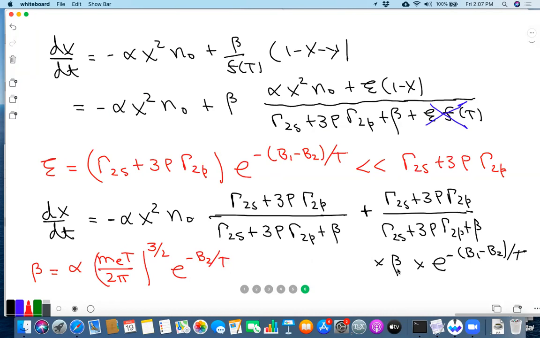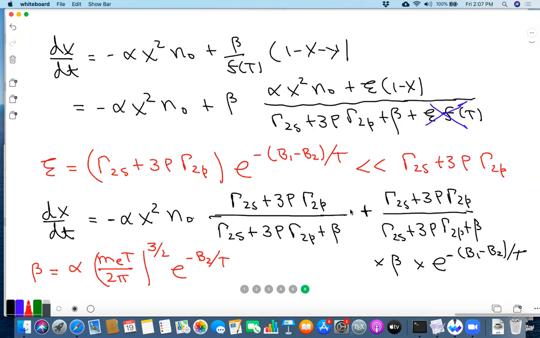So we are going to substitute here. So this e to the minus b2 by t will cancel this e to the plus b2 by t. And we get just e to the minus b1 by t times this (m_e T over 2 pi) to the 3/2 factor. So I'm now going to connect everything and write things neatly in the next slide.